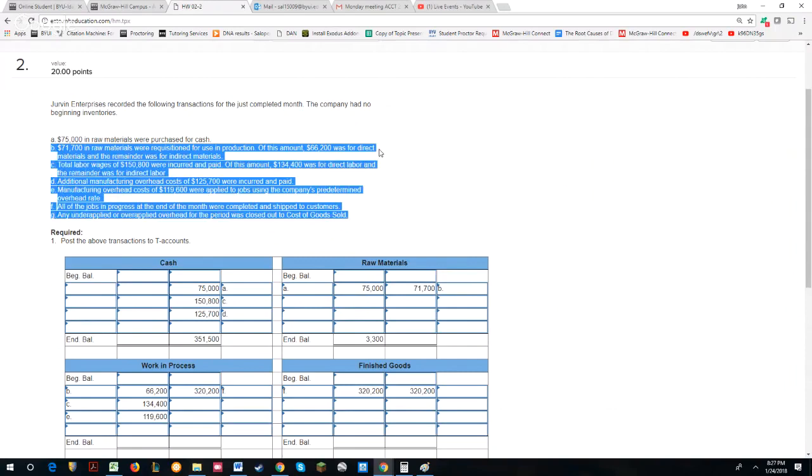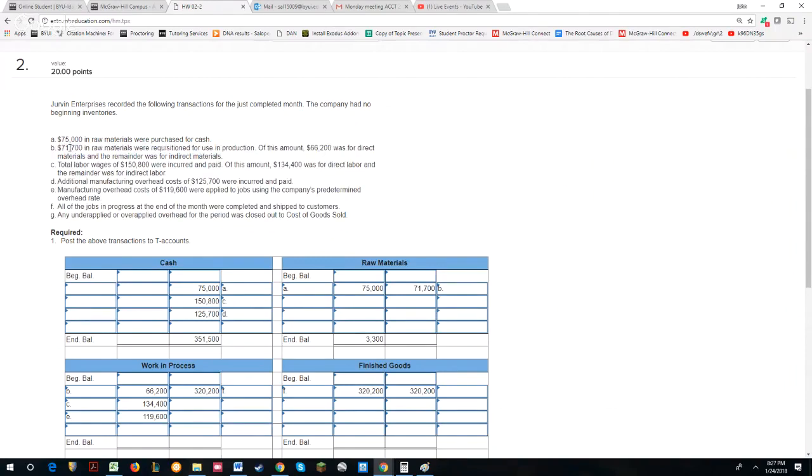And then, so for B, there was $71,700 in raw materials used for production. So I credited raw materials for that amount. And then it says that part of it was used for direct materials and the rest was used for indirect.